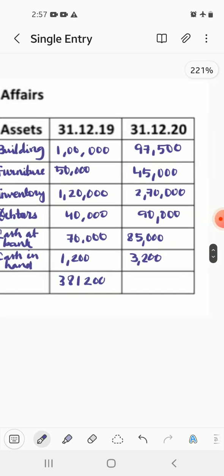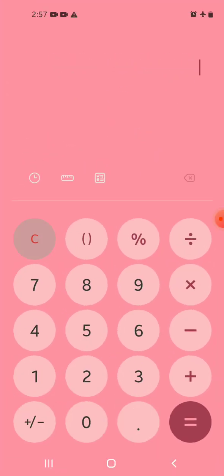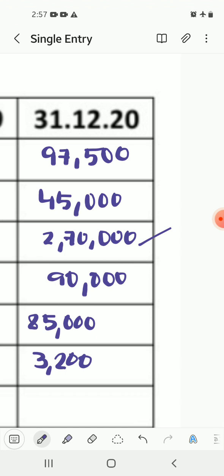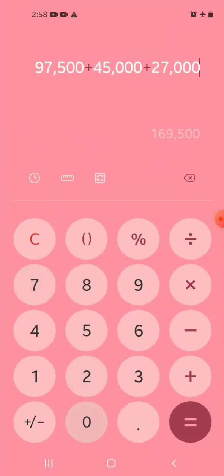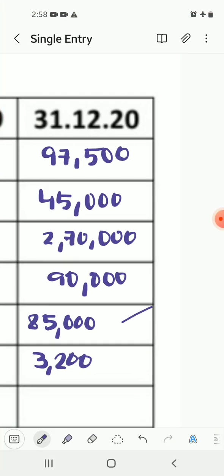Now we will calculate this. 97,500 plus 45,000 plus 2,70,000 plus 90,000 plus 85,000 and 3,200.